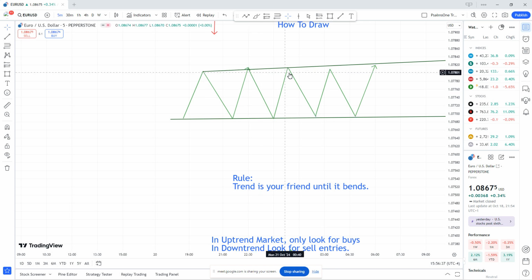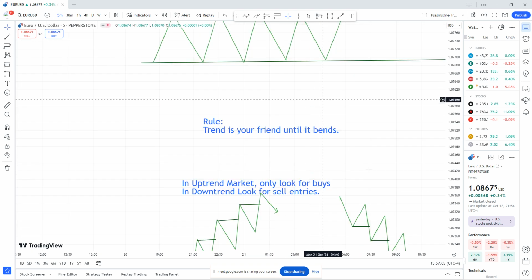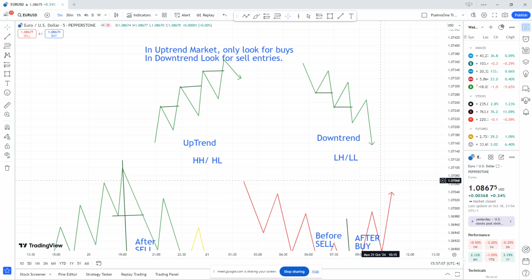So when price goes there and you see a shooting star candle, that candle is telling you that a lot of people find that this level is very good for them to sell from. It shows you that people want to sell from that level, so it's a signal for you to sell.